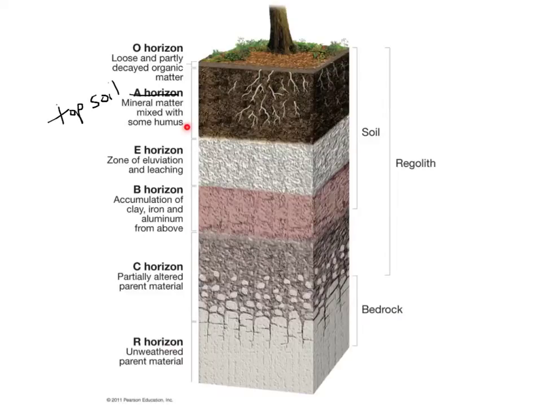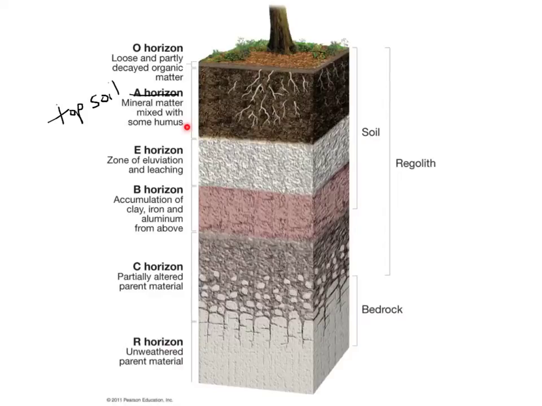Now, topsoil, or the A horizon, tends to be relatively thick in temperate forests, and also in grasslands. It tends to be very thin in places like deserts, where there's just not a lot of organic material, not much water. And then also in tropical rainforests.